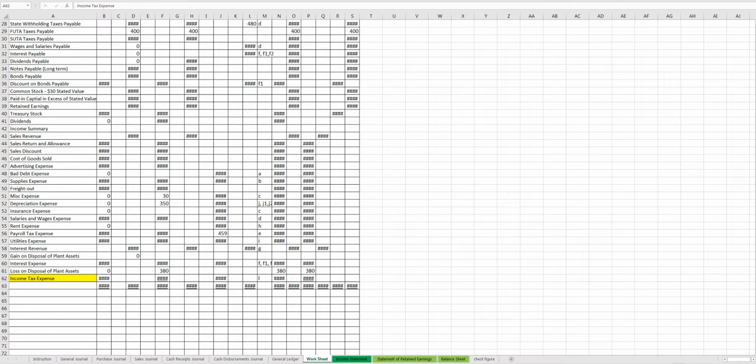Income tax is from the pre-tax earnings. So where are my pre-tax earnings?